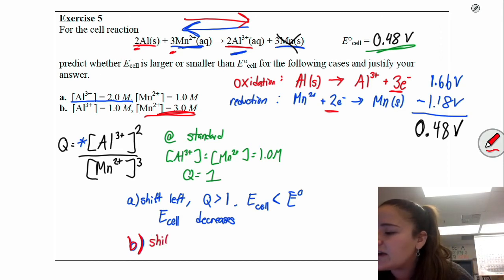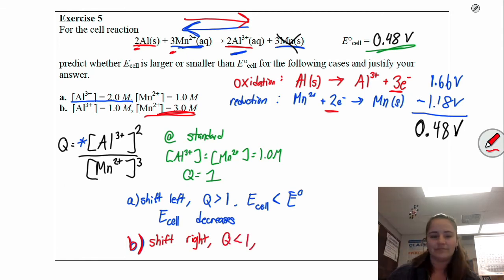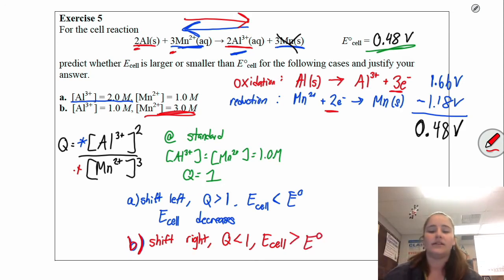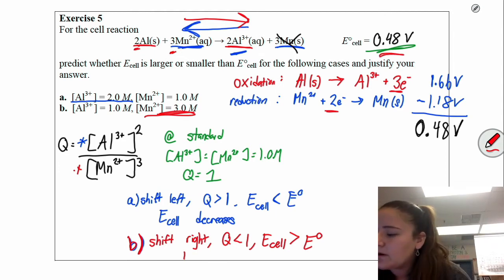So that is a shift right. That means our Q is going to be less than 1, because Mn2+ is in our denominator. So our E cell is actually going to be greater than our standard cell potential. It's going to be more than that 0.48, or our E cell increases.